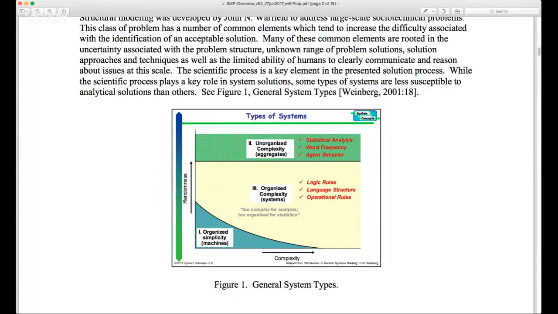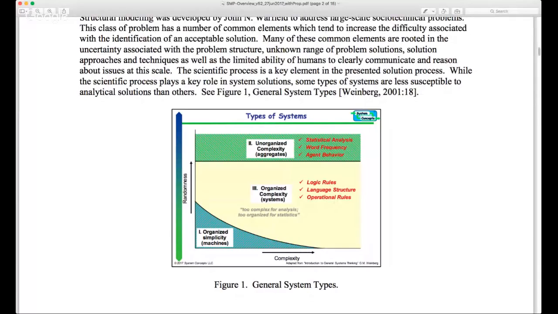Of course, close to the origin, we have organized simplicity or machines. These types of systems are readily addressed using typical systems analysis techniques. But as we move further away from the origin, we move into organized complexity.